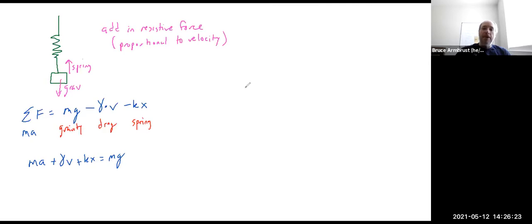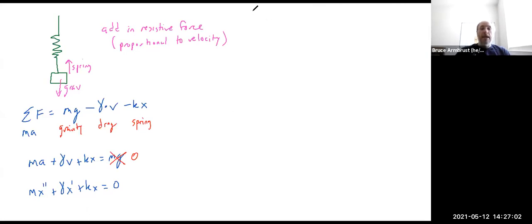Now, from the same argument as before, I'm going to ignore the mg and just call it 0, and we base everything off of the new equilibrium once the spring is on there. All right, well, check it out. This is now mx double prime plus gamma x prime plus kx equals 0, because velocity is the derivative of position and acceleration is the second derivative.